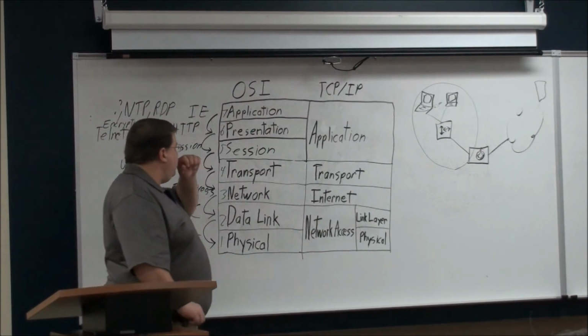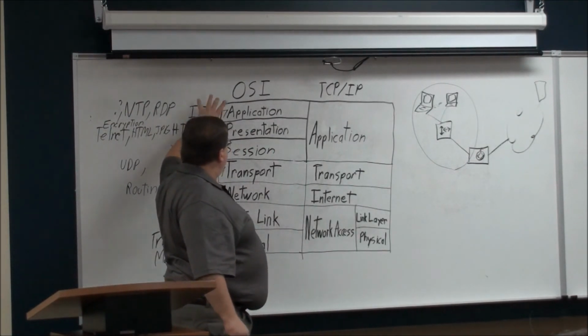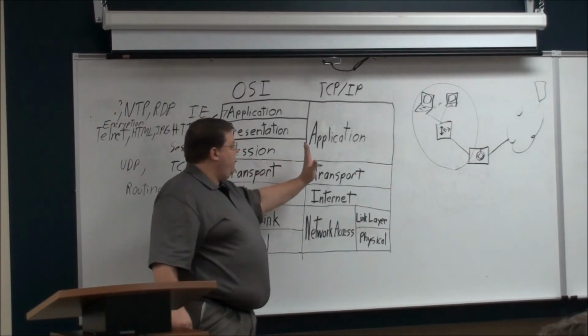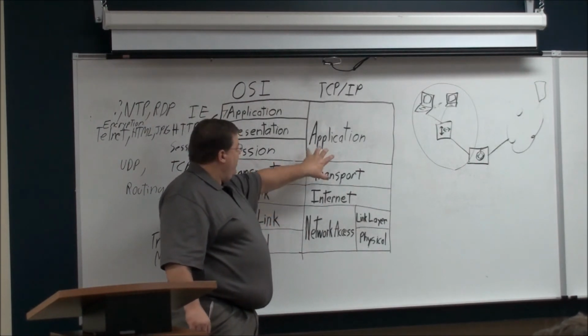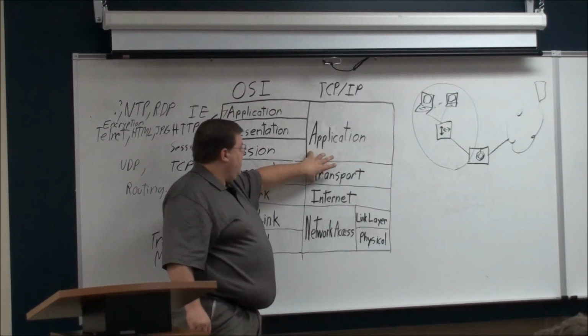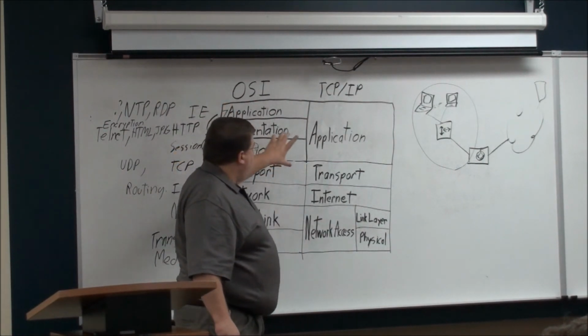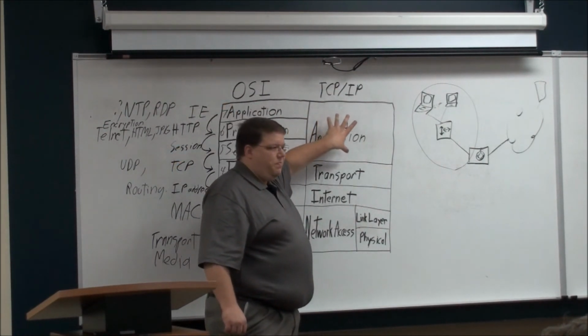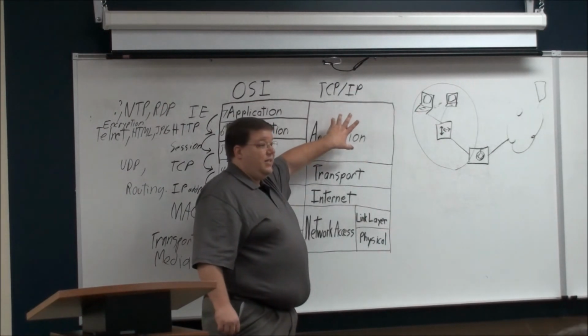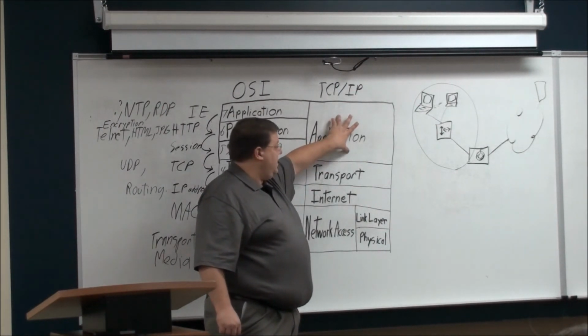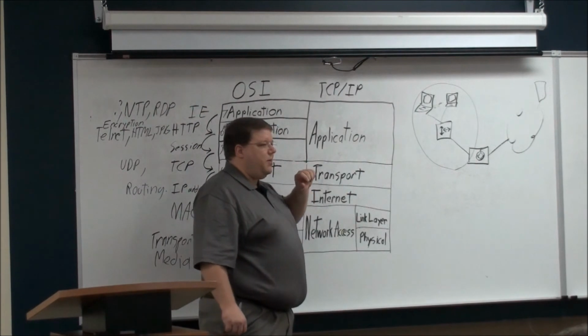Now, all of this stuff in the OSI model can be pretty much just brought over and applied to TCP/IP, where we have the application, presentation, and session layers. That all gets bundled together and is considered the application layer of the TCP/IP model.